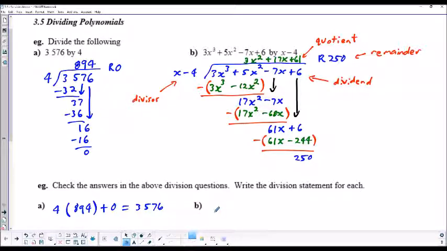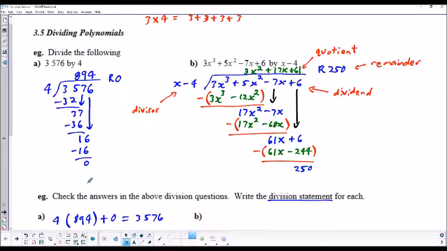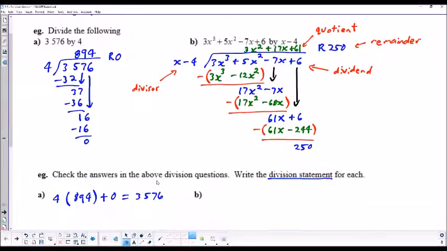So we'll do the same thing here. What we're actually writing here is called the division statement. And sometimes that can be very helpful in order to solve other components of this division. So here we've got the divisor, here's the quotient, there's the remainder, and there is the dividend. So if we do the same thing here, we write out our divisor, which is x minus 4.